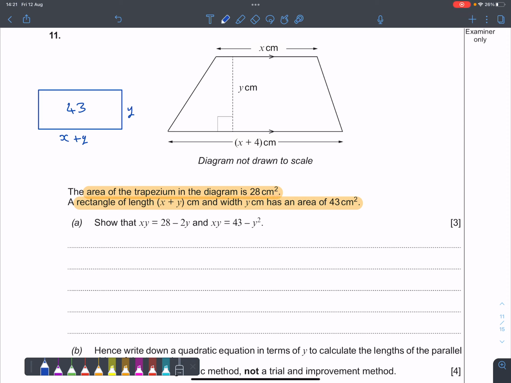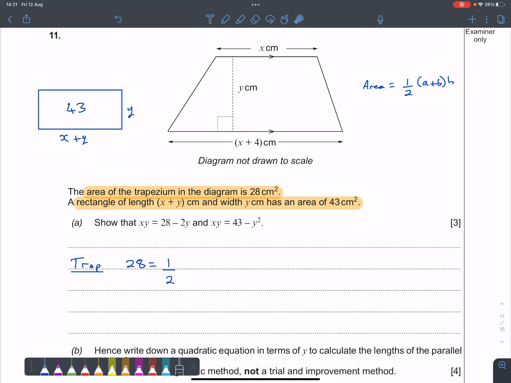The area of a trapezium is half of a plus b, so the two parallel sides, multiplied by the distance in between them. So let's look at that in terms of what we've got. For the trapezium, the area is 28. So 28 equals 1/2 of a plus b. So a and b are your parallel sides.